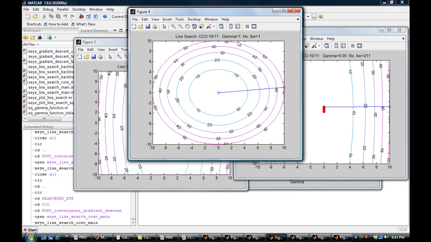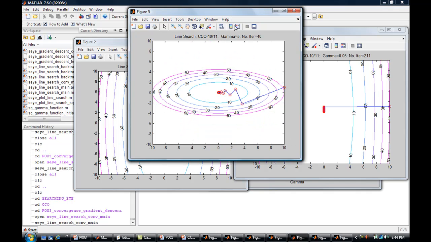And with gamma equal to 1, just one iteration is required, since if gamma is 1, then the sublevel sets are circles, and therefore in a circle the gradient will always point towards the center, and just one iteration is required to find the solution.